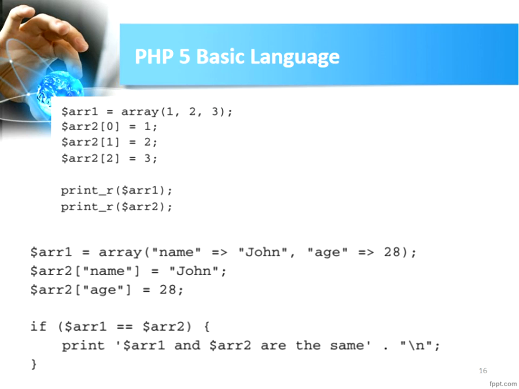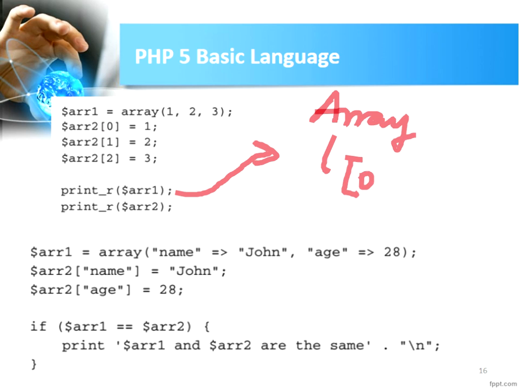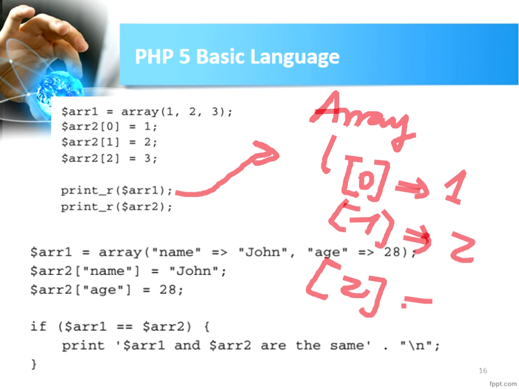Just a moment, please. The result will be: Array, 0 => 1, 1 => 2, 2 => 3, like this. This is the result of print_r.